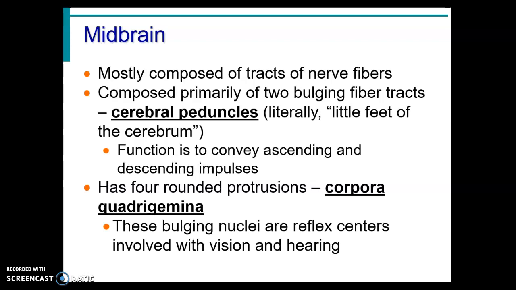So they're underneath the cerebrum, and like I said, that's a continuation of the cerebrum, and that's forming the tissue that's going to eventually become the spinal cord coming off the bottom. So it conveys information from the body to the brain and from the brain to the body. There's 4 rounded protrusions called corpora quadrigemina coming off the bottom there, and those are reflex centers which help with vision and hearing.